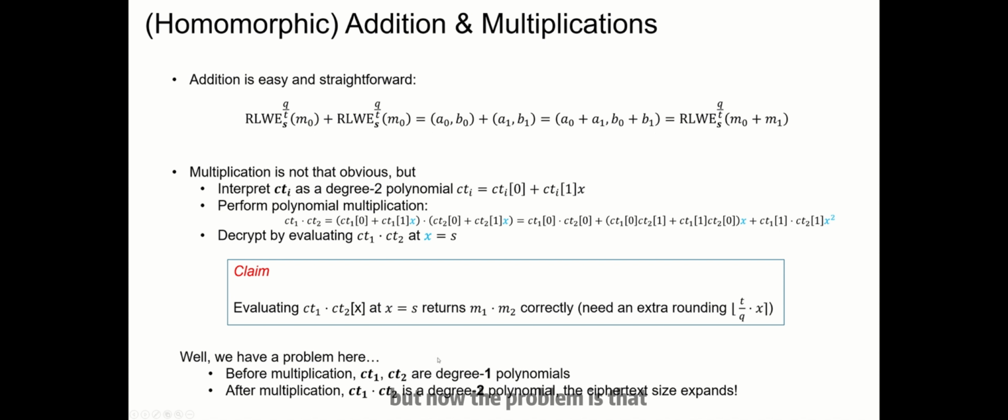But now the problem is that before we do the multiplication, CT1 and CT2 both are degree 1 polynomials. After the polynomial multiplication, this new polynomial is a degree 2 polynomial. In other words, the ciphertext size expands.